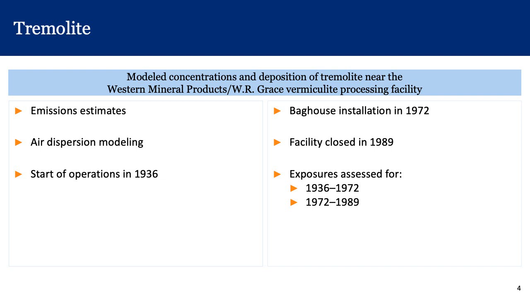So the objective of this modeling exercise was to assess exposures for two time periods because they were very distinct. One is before the bag house installation, so 1936 to 1972, and post bag house installation, 1972 to 1989.